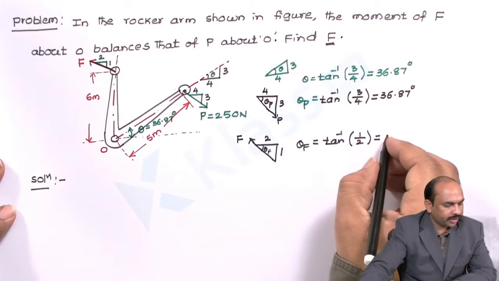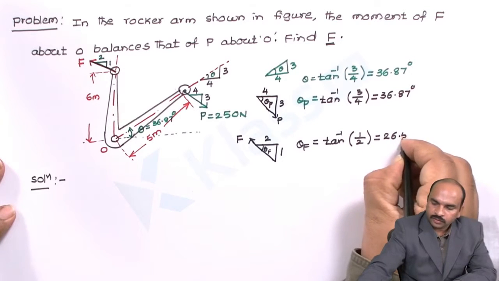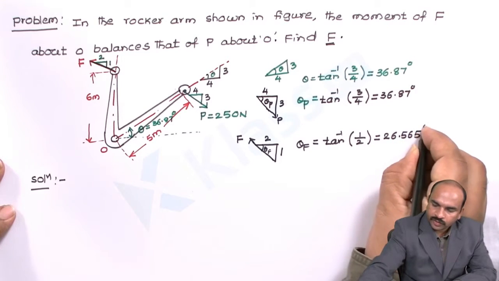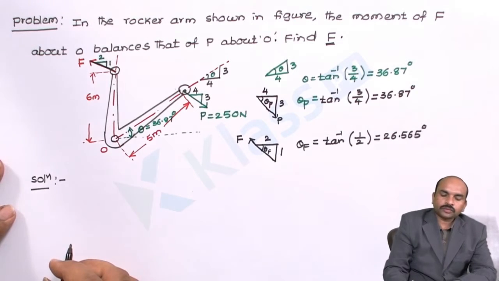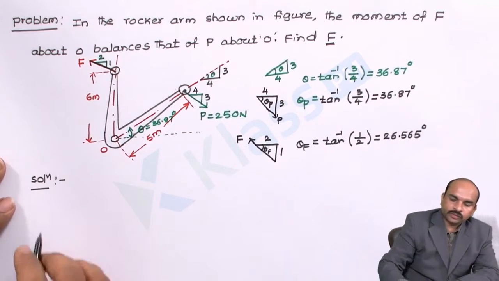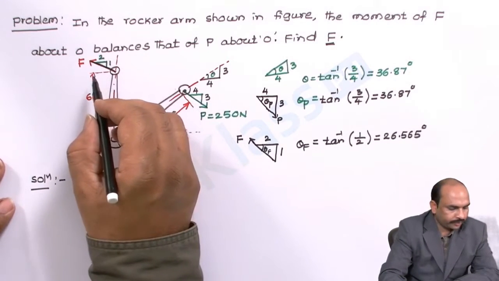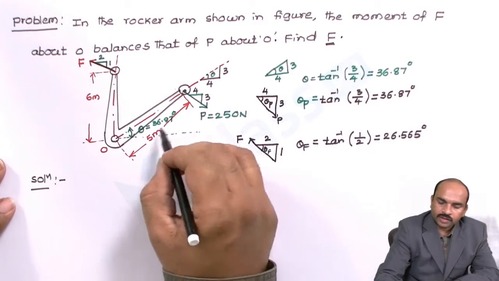So we are getting this angle as 26.565 degrees. Now we know the angle of this force, and we know the angle of this force, and we know its angle.